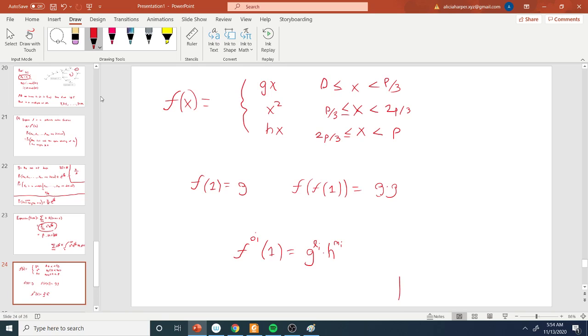So now, suppose you find, using Pollard's rho method, that x sub 2i is equal to x sub i. Then this gives you a relation that g to the alpha times h to the beta is equal to g to the a times h to the b.